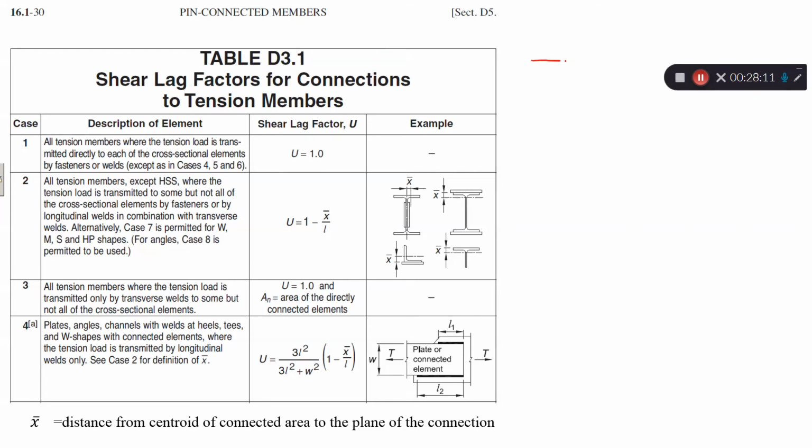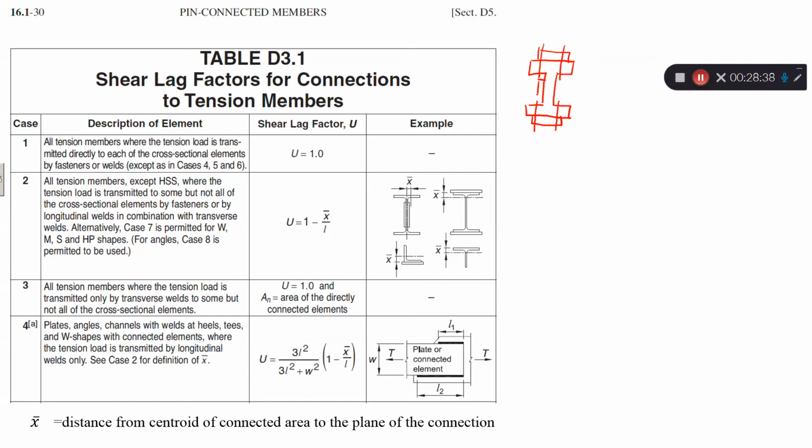So for example, you have an I shape, an H shape, and it's connected. All the elements are connected, meaning the flanges are bolted.